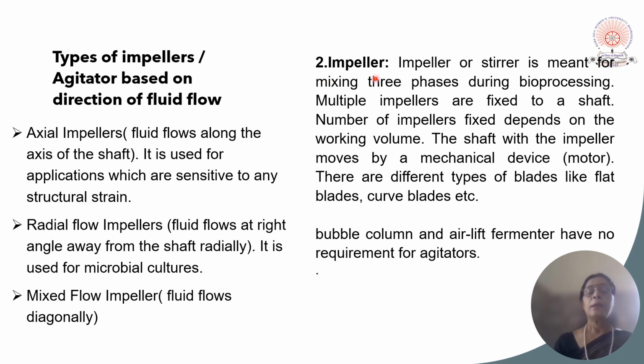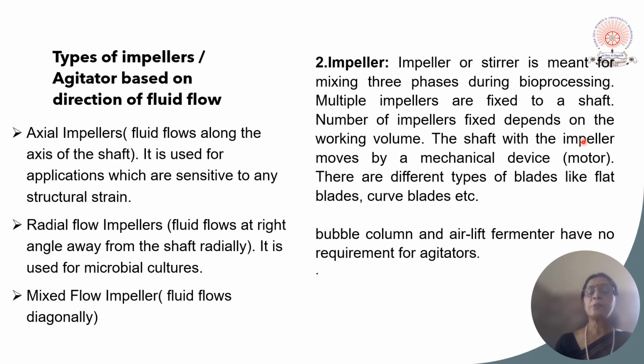Impeller means there are blades which are fixed to a shaft, and the number of impellers depends upon the working volume. The higher the working volume, the more impellers are fixed to the shaft.